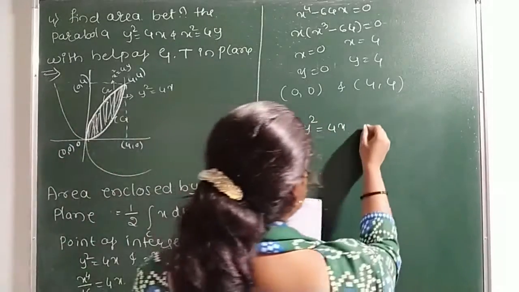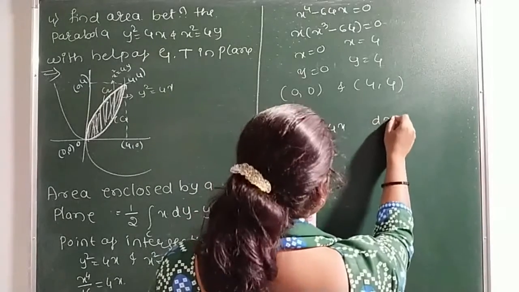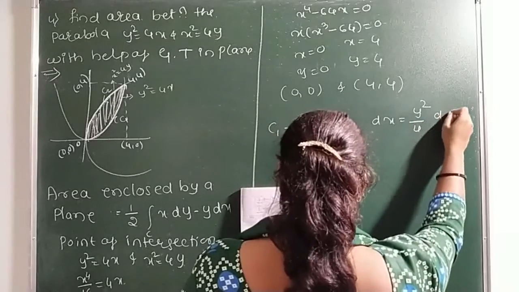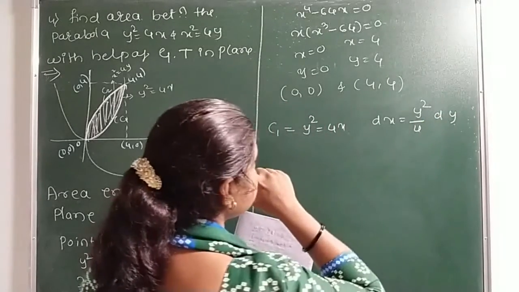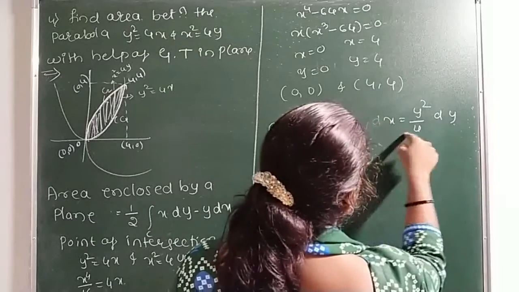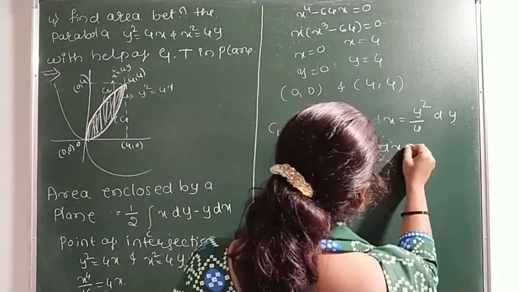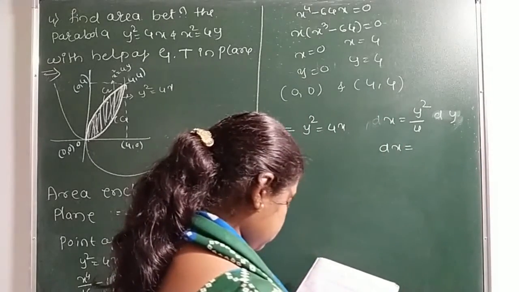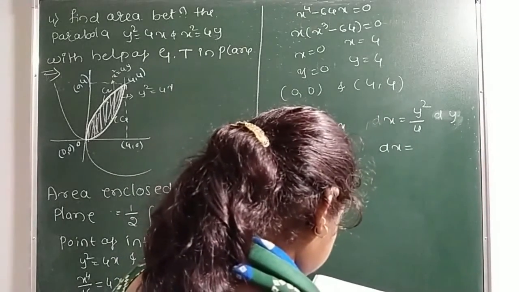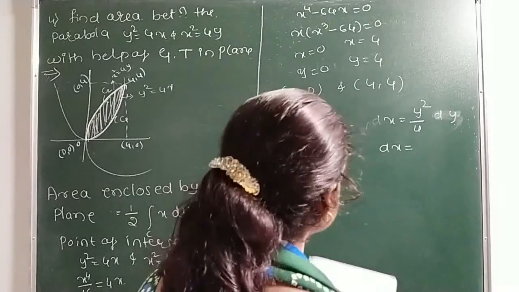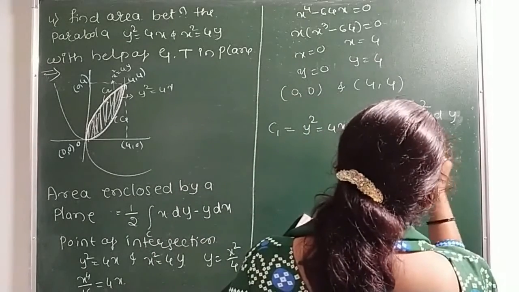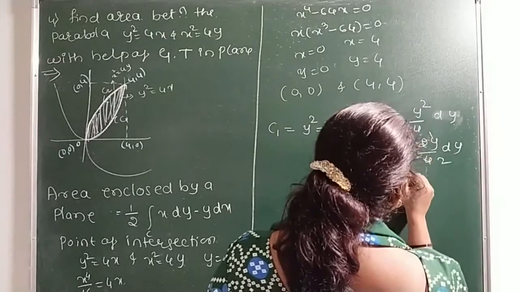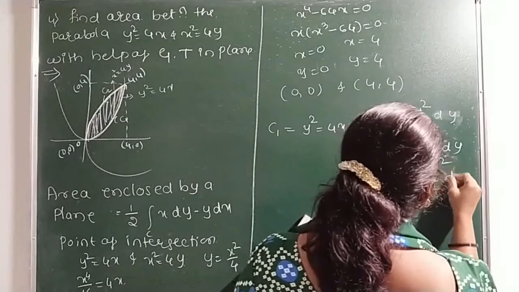This you have to take in terms of y: x is equal to y square by 4 and dx is equal to 2y dy by 4. 2 ones are 2, 2 twos are 4. Dx is equal to y by 2 dy.